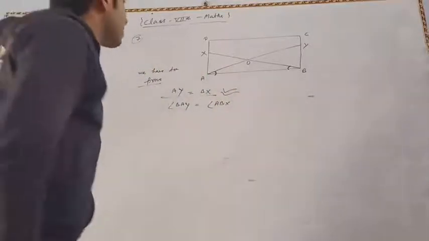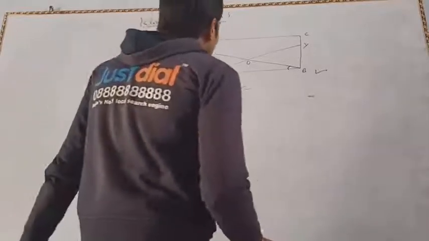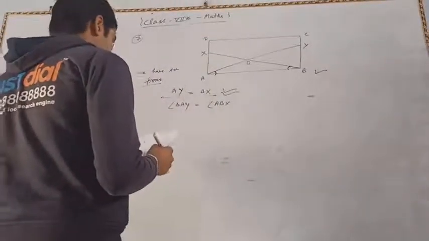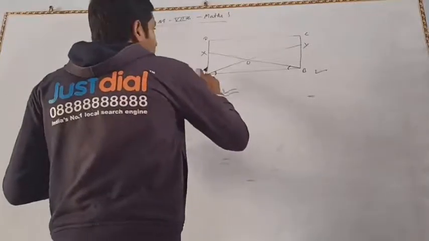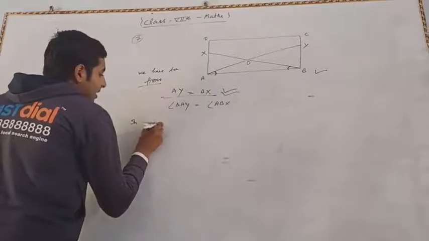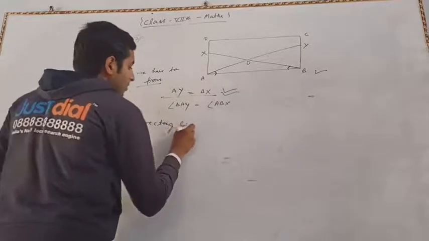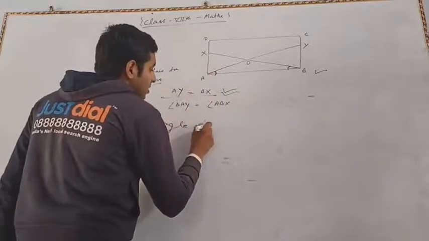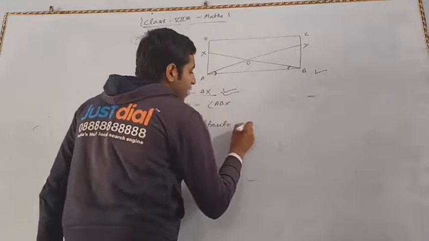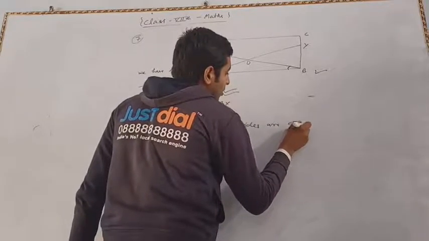First of all, in this figure, in a rectangle, opposite sides are equal.